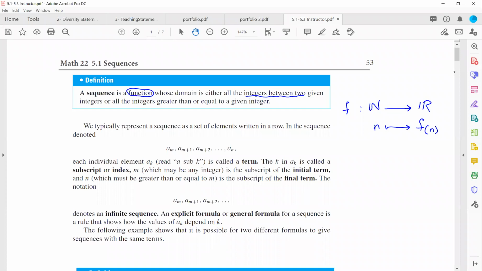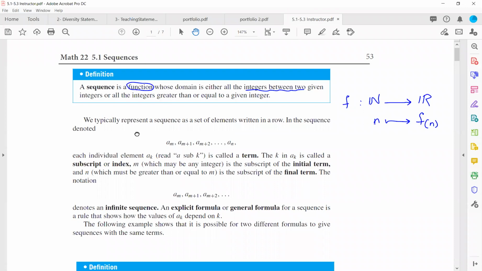So we usually write the terms of a sequence using index terms. A sub m, a sub m plus 1, a sub m plus 2, and the last term, a sub n. Each one of these is called a term of a sequence.